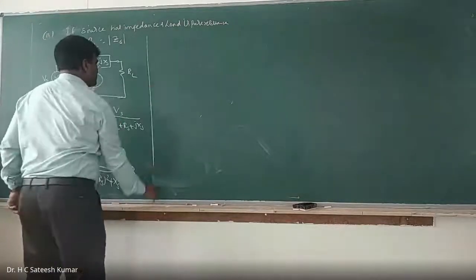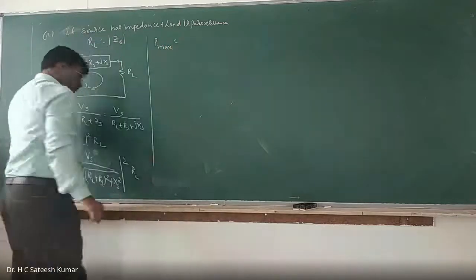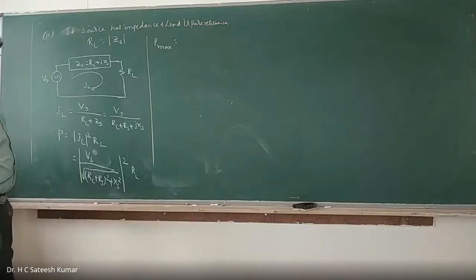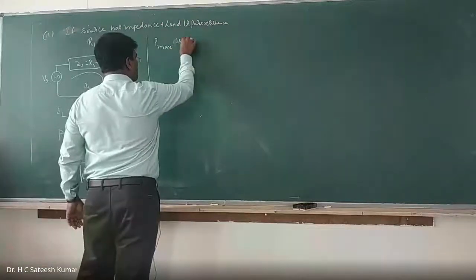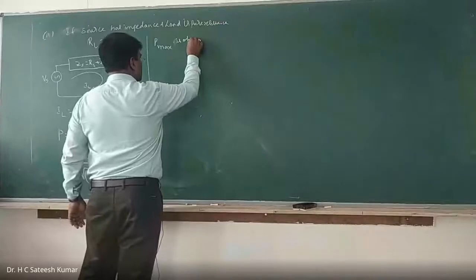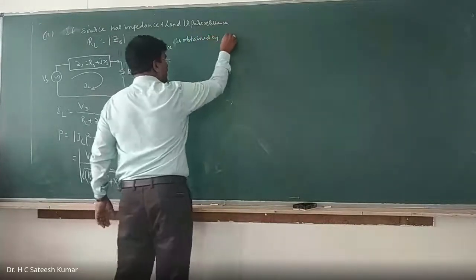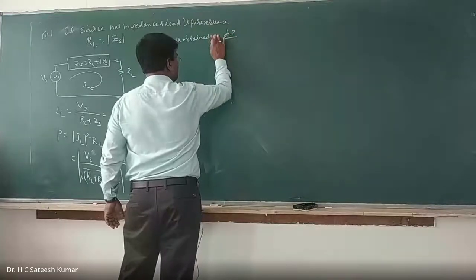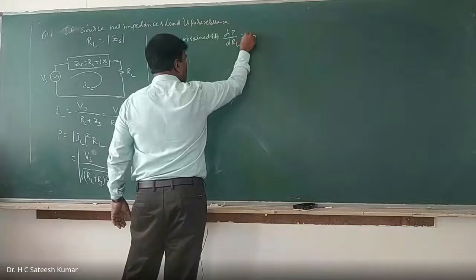P max is equal to maximum power. P max is obtained by differentiating, with the condition dP by dRL should be equal to 0.